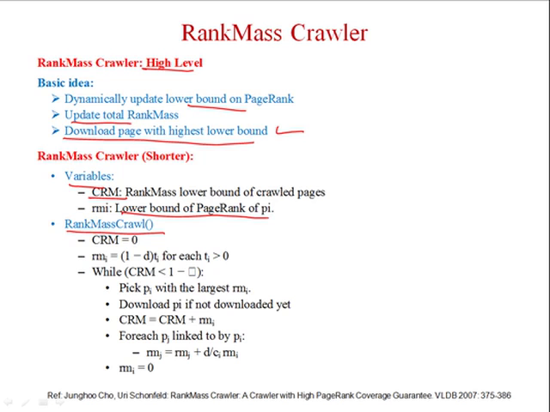CRM is equal to 0, RM_i is equal to (1 minus d) times the trusted-page weight for each T_i greater than 0, while CRM is less than 1 minus d. Pick the page P_i with the largest RM_i and download P_i if not downloaded yet. CRM is equal to CRM plus RM_i. For each P_j linked to by P_i, RM_j is equal to RM_j plus d over C_i times RM_i. RM_i is equal to 0. So this is the simple crawler.